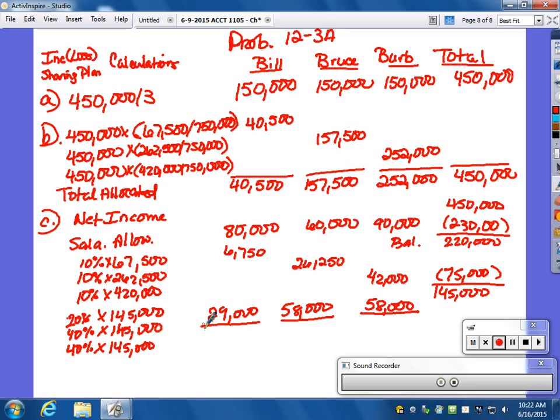Bill would be 115,750. Bruce, $144,250. And Barb, $190,000. Even?